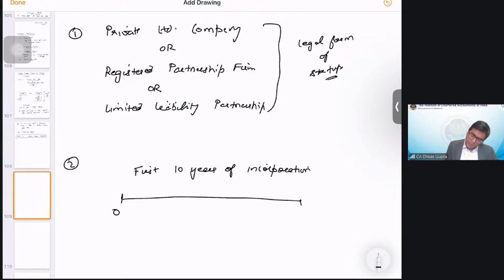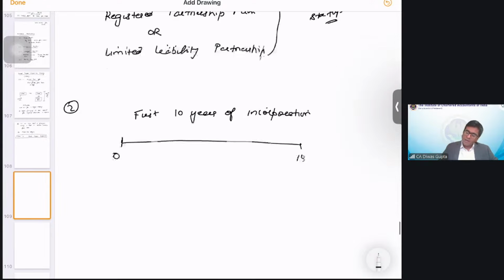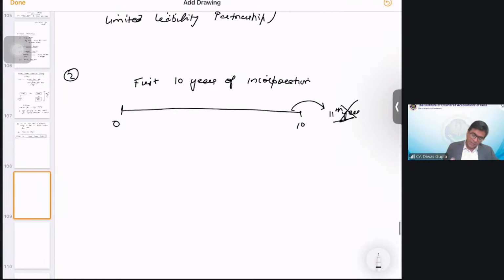So ultimately 0 to 10 years, anywhere in between, if the company is there, it will be a startup. If it has gone to the 11th year of operation, it will not be called a startup. Okay. The reason is simple, because in the 11th year the company is now matured. It cannot be regarded as a startup.